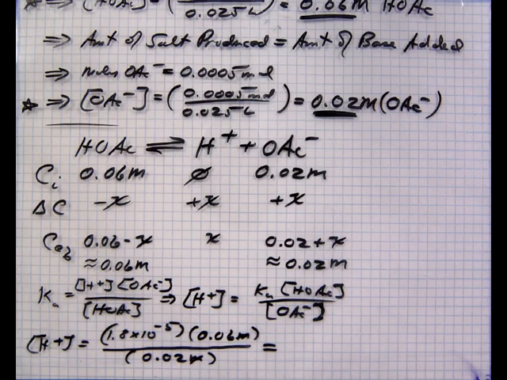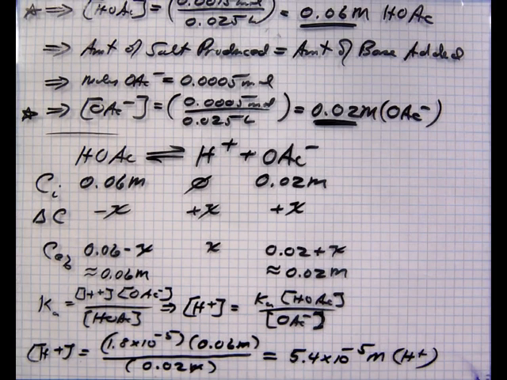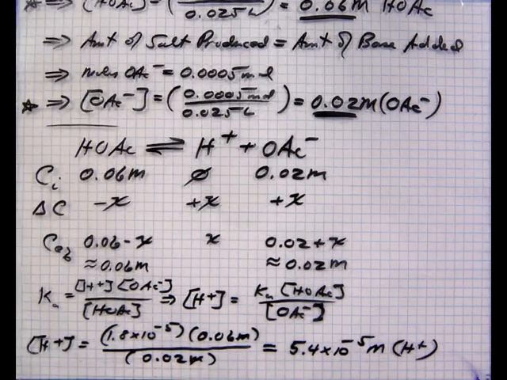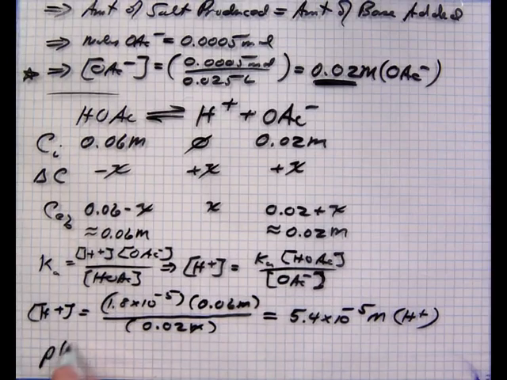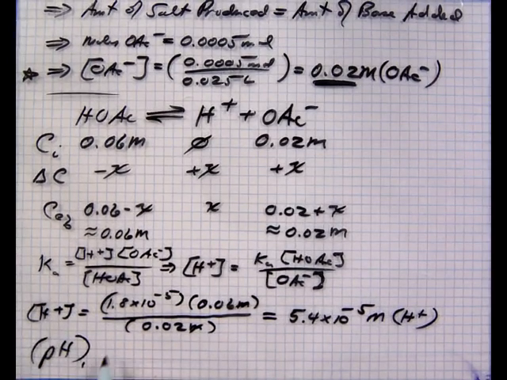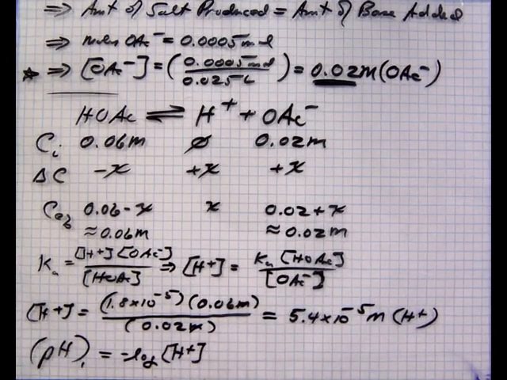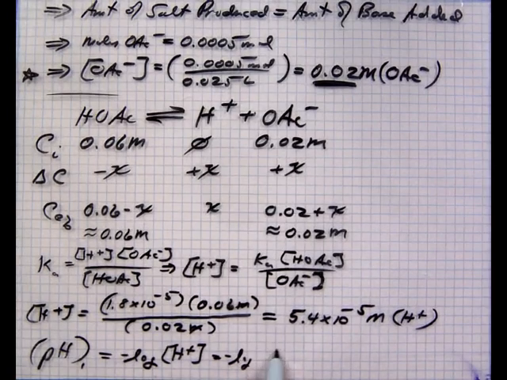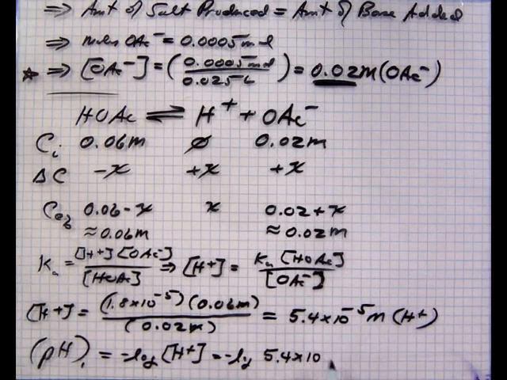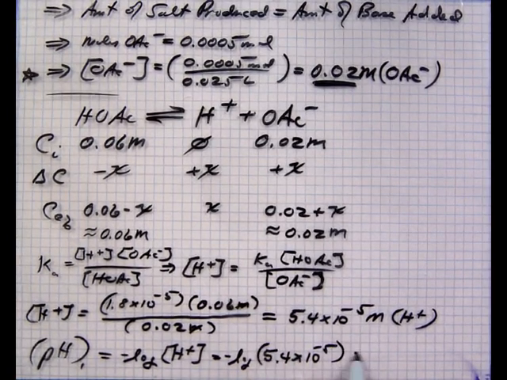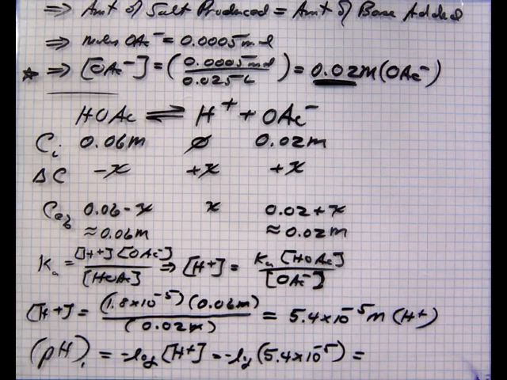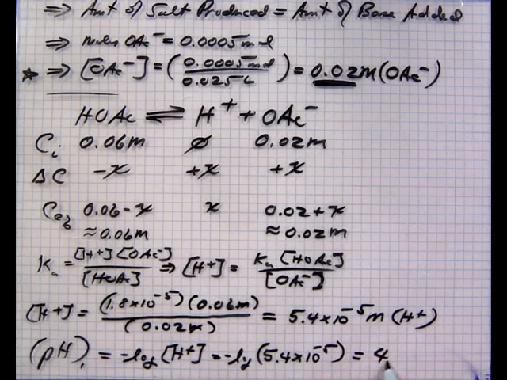now is 5.4 times 10 to the minus 5 mole per liter in hydronium ions, and that leads us to a pH. I hate to get it off the page, but now the pH after the first titration, 5 mL, is minus log of the hydronium ion concentration as usual, and minus log of 5.4 times 10 to the minus 5, and we get a 4.26.